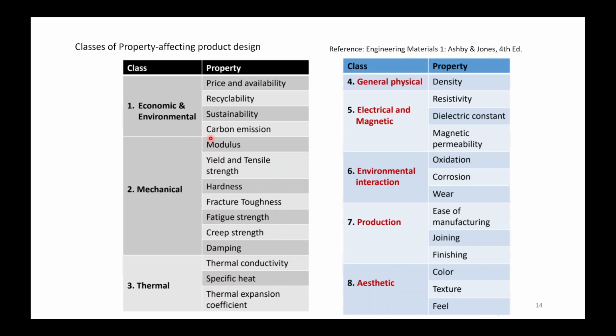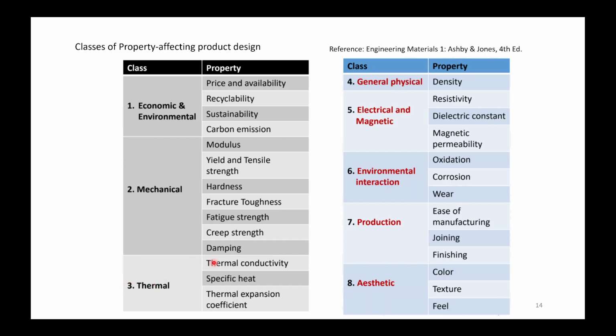Second is mechanical. Mechanical properties are elastic modulus, yield and tensile strength, hardness, fracture toughness, fatigue strength, creep strength and damping capacity. Other properties are thermal properties. These are required, for example, in boilers and other applications such as heat exchangers.